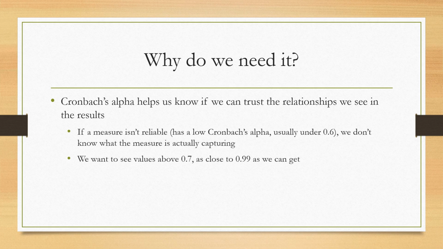We want to check these values to see how reliable that measure is, so we know how much we can trust the results that we're going to read in the next section. Now, we generally want to see values of at least 0.7 and above. Ideally, as close to 1, or as close to 0.99, because you're never going to get to 1. The closer we can get, the more reliable it is.